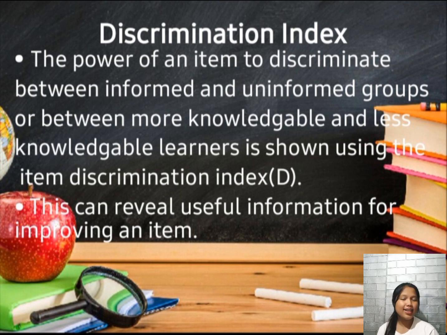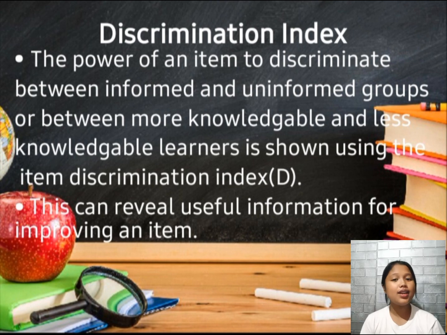This is an item statistic that can reveal useful information for improving an item. Meaning, if there is an item that needs improvement, the discrimination index can reveal which items need to be revised or improved.